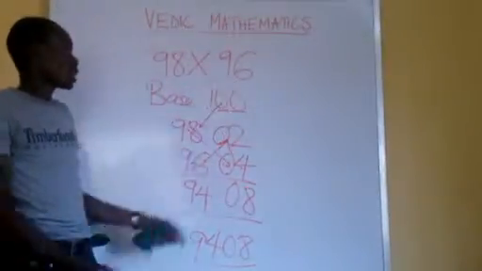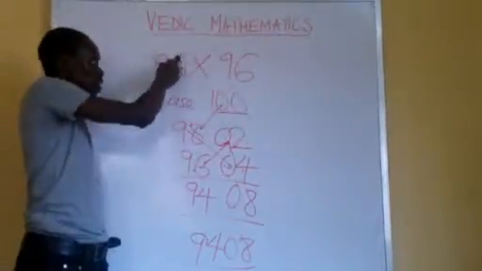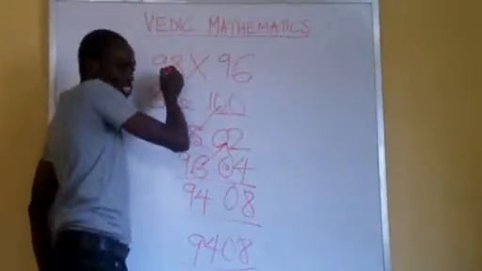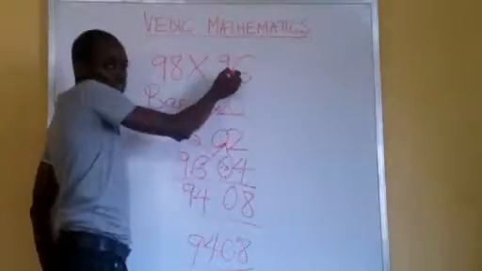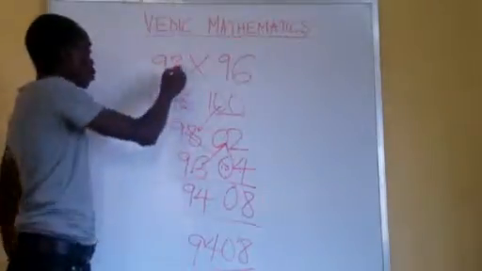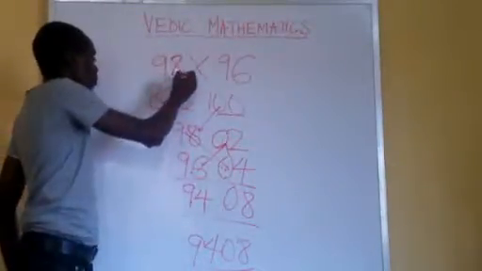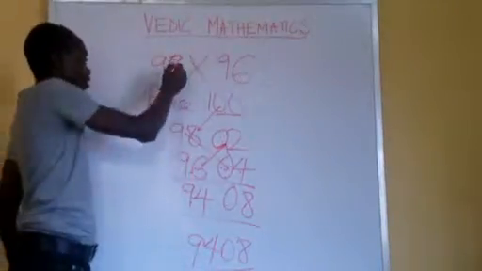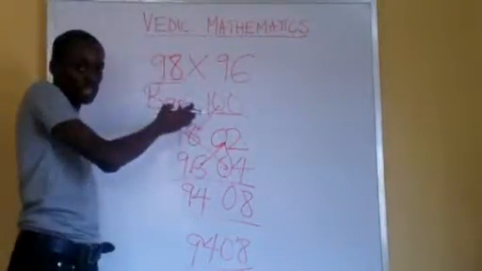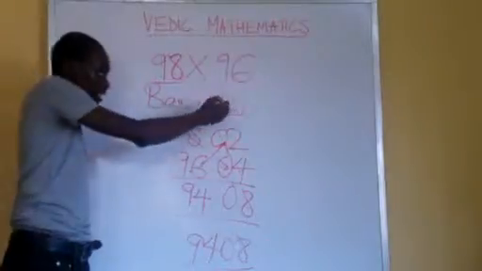So let me quickly go over it again. You are given two-digit numbers, 98 and 96, to multiply together. The first thing you do is look for the closest base. In this case, the base is going to be base 100.